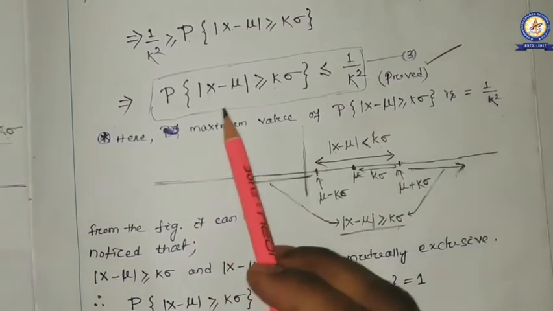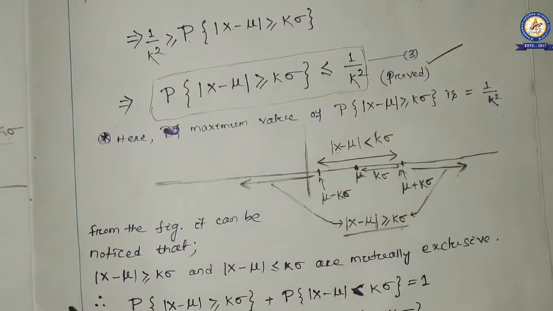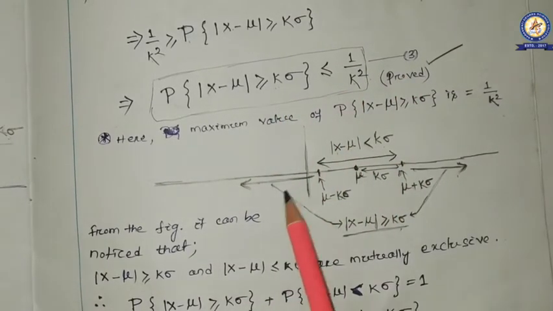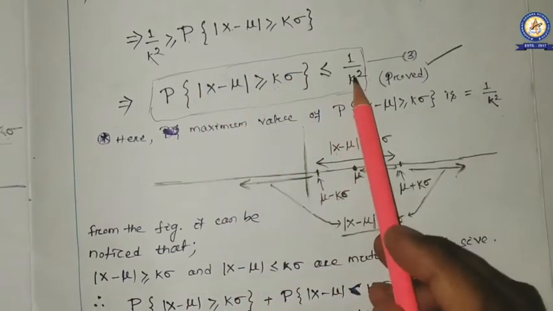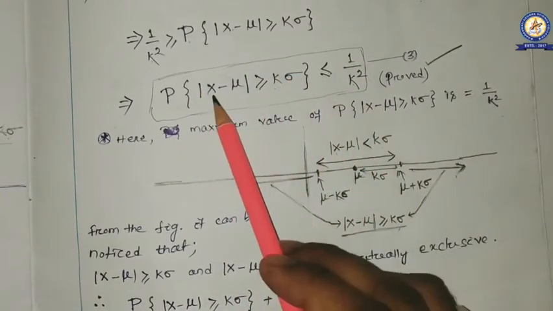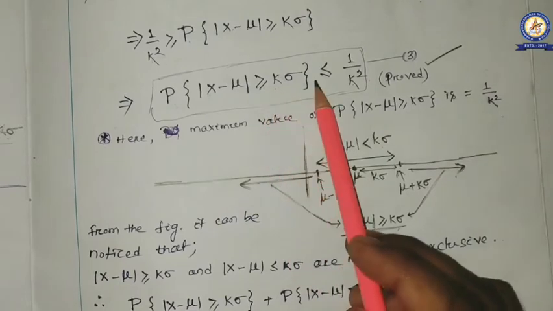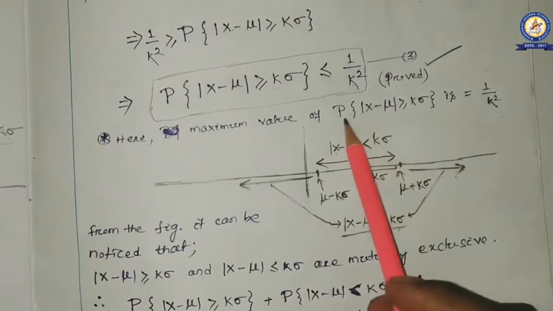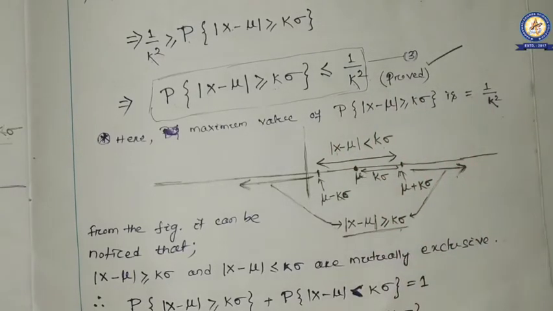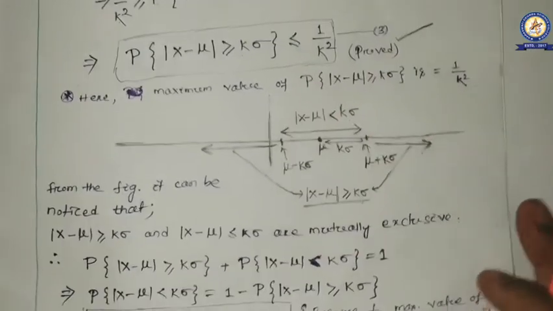Now from equation number 3, one thing can be perceived: the maximum value of this one will be 1 by k square, because if this is less than or equal to 1 by k square, that means the maximum value of this one is 1 by k square, right?